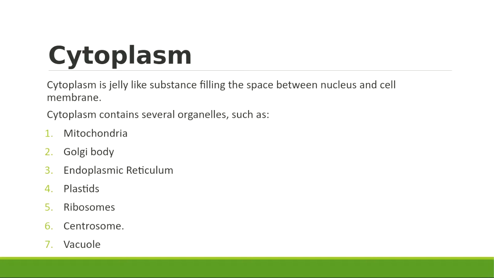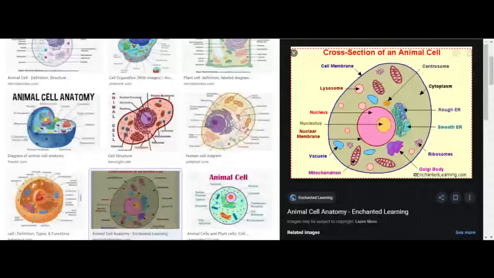See here, this is a typical cell diagram. Here you can see this is the nucleus. This is the outer layer. The gap between this nuclear membrane and this cell membrane, the whole part, is known as the cytoplasm and cytoplasmic organelles.